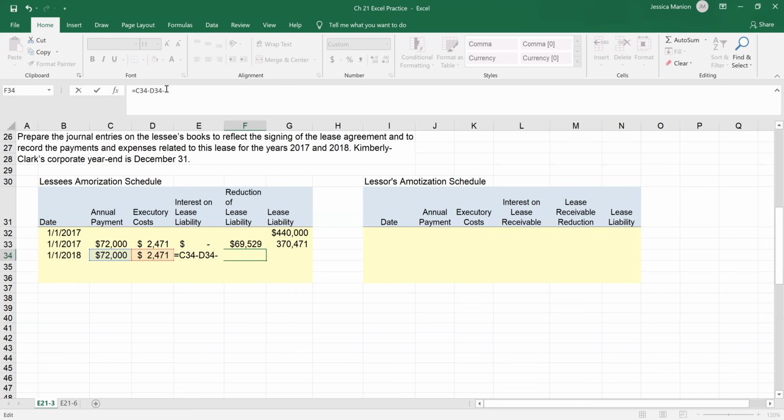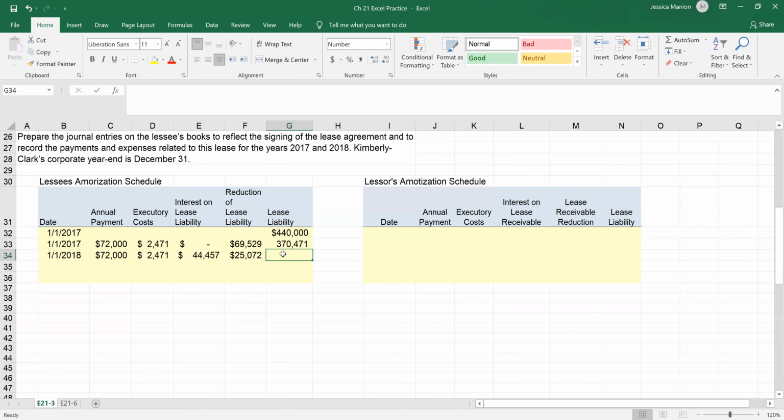That comes to 25,072. And so our lease liability is then down to 370,471 minus the reduction. All right, now 1119, 72,000, executory cost 2471.